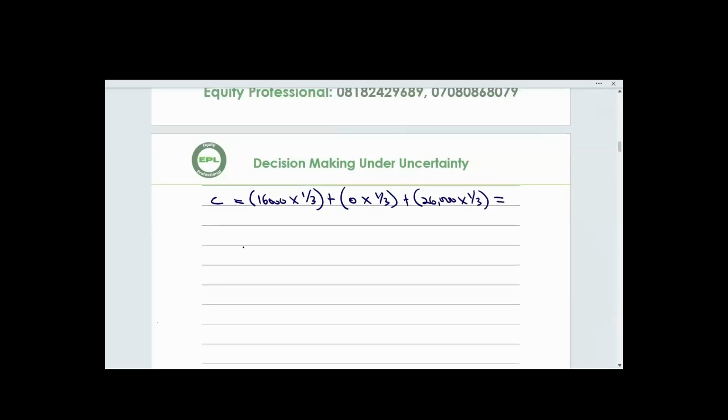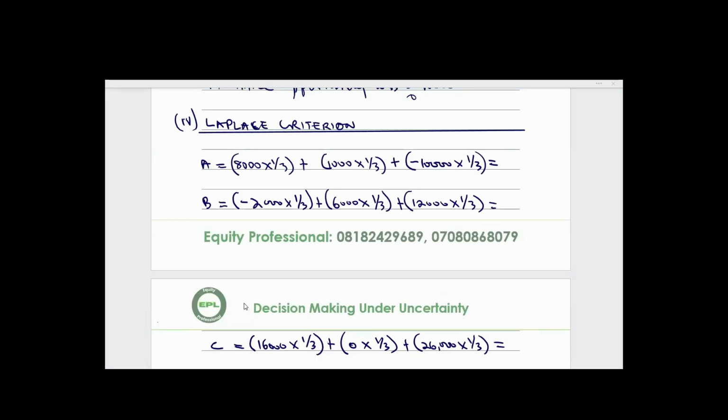So let's get the expected value for each of them. You bring out your calculator. Remember, our figures are in thousands. From your calculator, you open a bracket, 8,000 divided by 3, close the bracket, plus open another bracket, 1,000 divided by 3, close the bracket, plus open another bracket, minus 10,000 divided by 3, close the bracket, then press equal to.